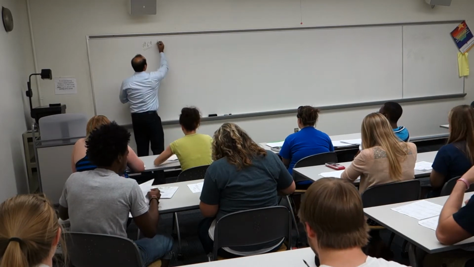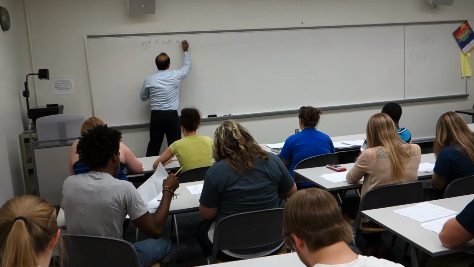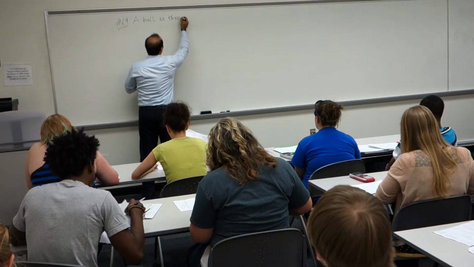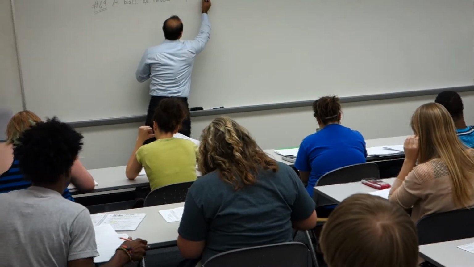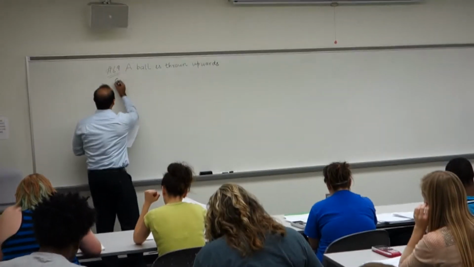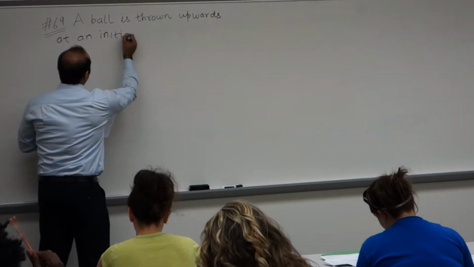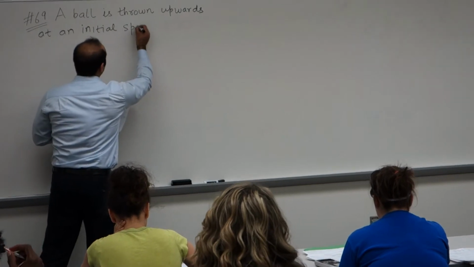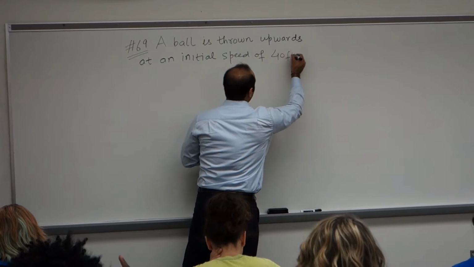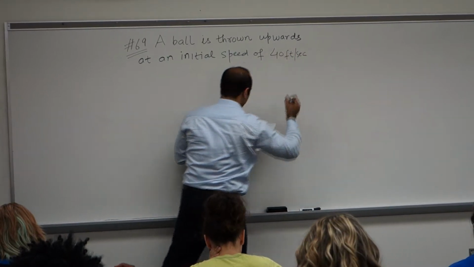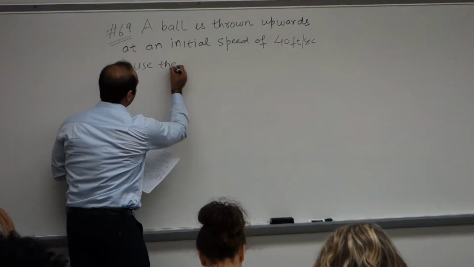So it says we have a ball which is thrown upwards at an initial speed of 40 feet per second, and we have the formula, and they say use the formula.